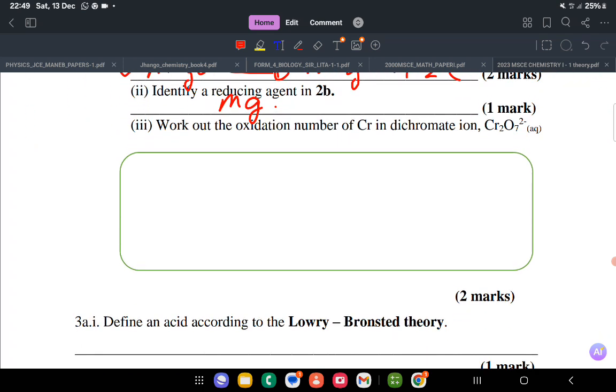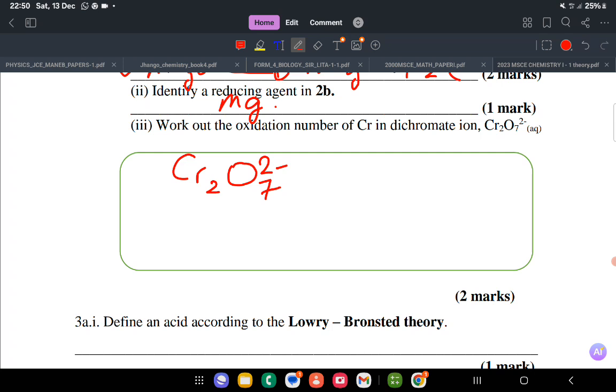Let's continue. Work out the oxidation number of chromium in a dichromate ion. We are told the dichromate ion is Cr2O7 2-.